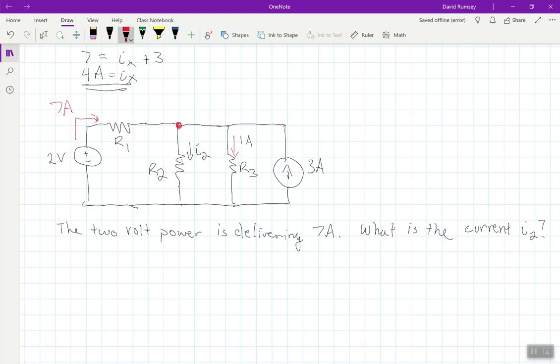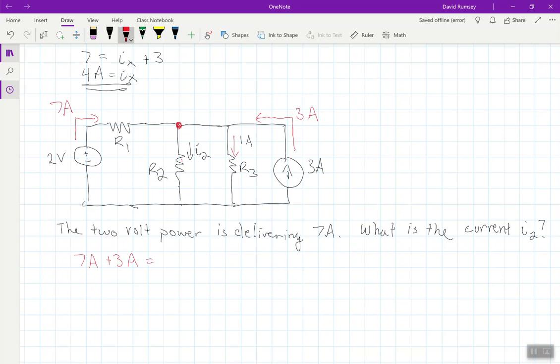And first off, without writing all of these down here, we know that 7 amps is coming in, so I have 7 amps. What else is coming in to the node? Well, looking at this, we also have 3 amps with the arrow going up, so I have plus 3 amps coming into this node. Now that's all the current that's entering the node.